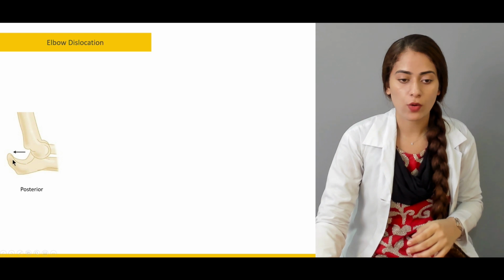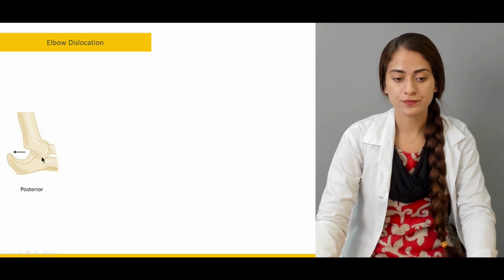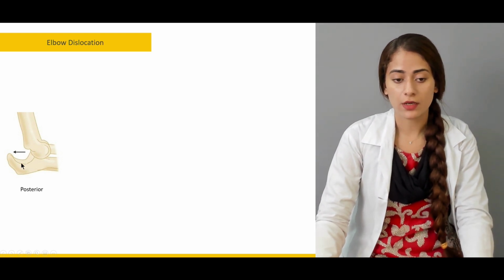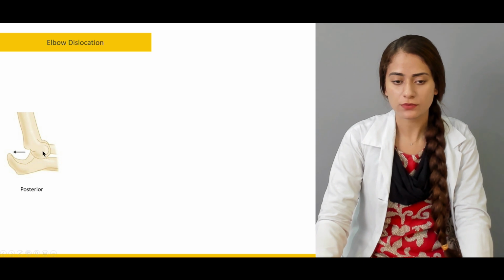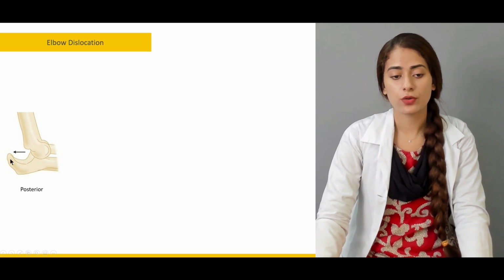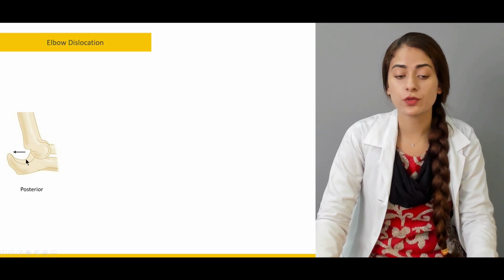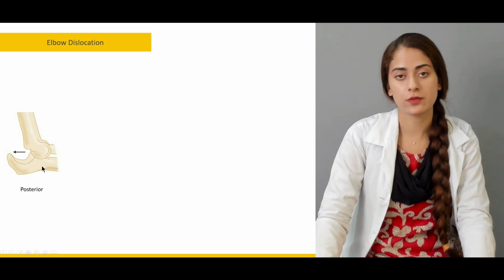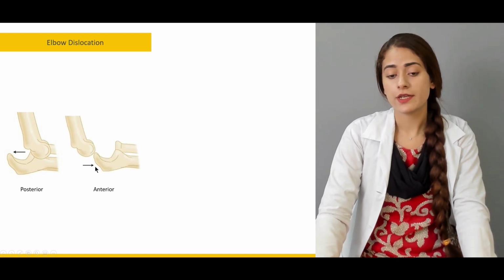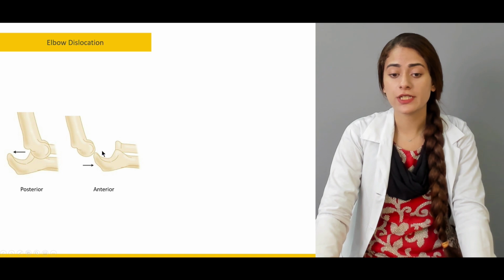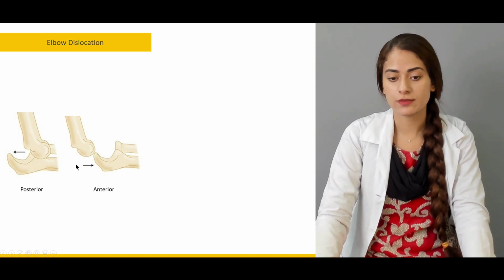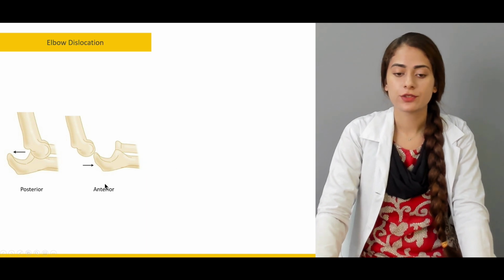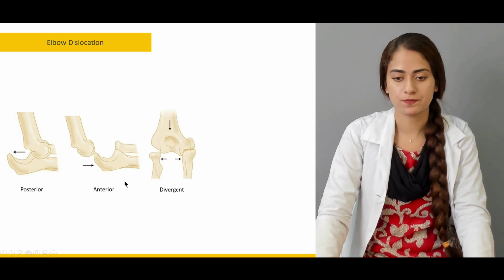This is the olecranon process of the ulna, and this is the trochlear notch, and this is the trochlea and capitulum of the humerus. This is placed posteriorly, so we will call this a posterior elbow dislocation. Then we have this one, anterior, because the ulna and subsequently the radius has moved anteriorly, so we call it anterior dislocation.